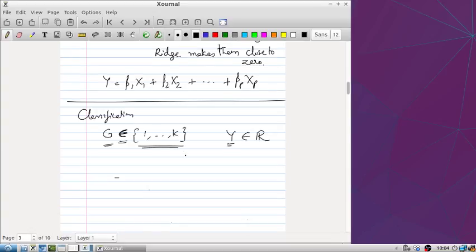So the first method is linear regression.